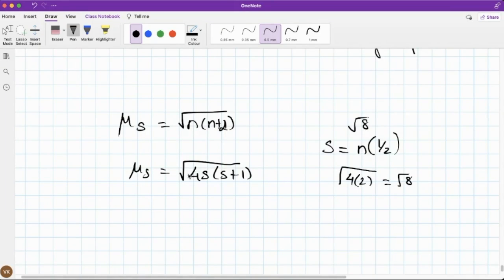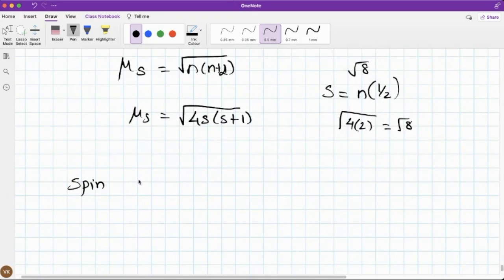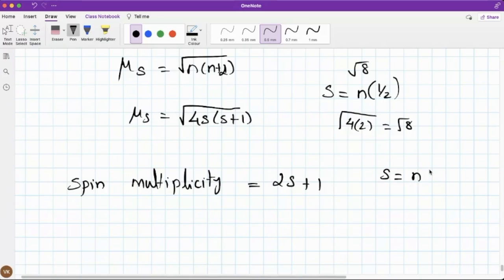Here you consider S, where S is equal to n into half. The spin multiplicity is 2S plus 1, and S is again the same: S equals number of unpaired electrons into half.